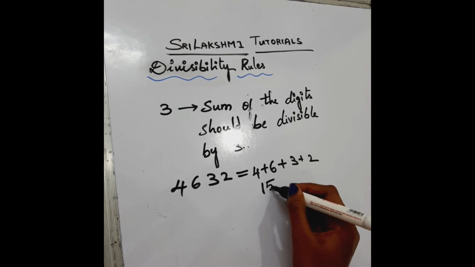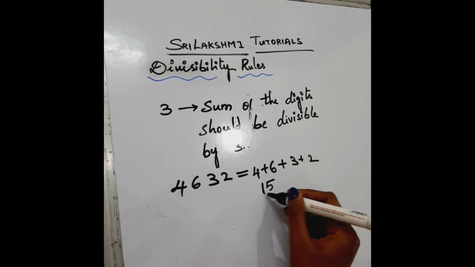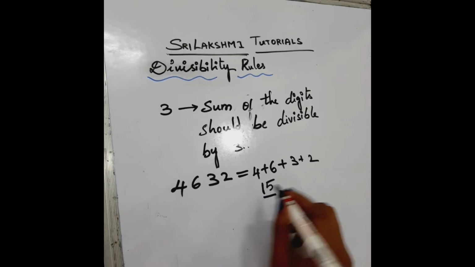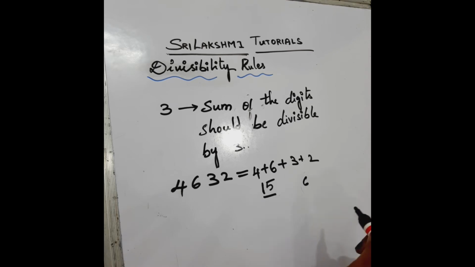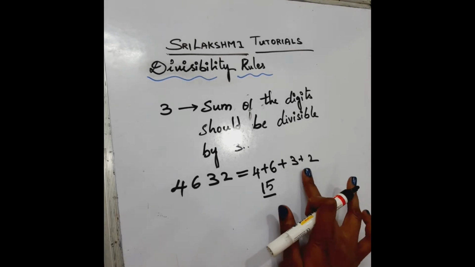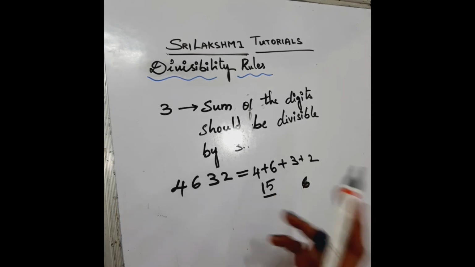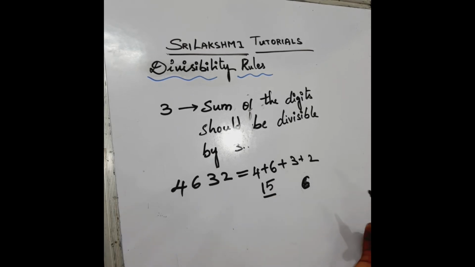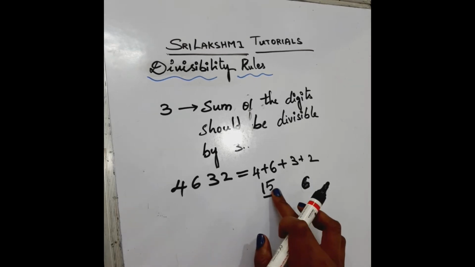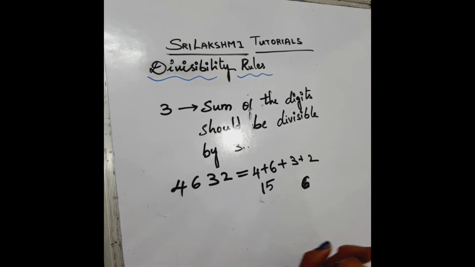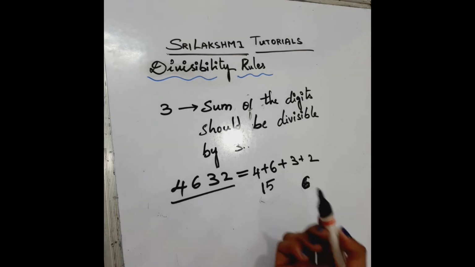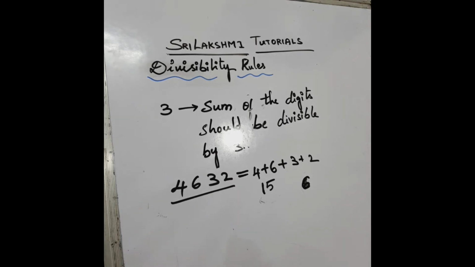Now again you can add these 2 digits. 5 plus 1 is how much? You will get 6. Now 6 is a multiple of 3, or 6 can be divided by 3. Yes. And check here, 15 is also divided by 3. So the given number is divisible by 3.